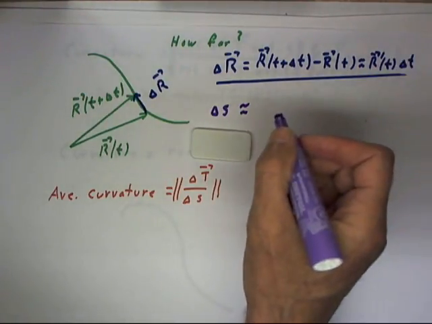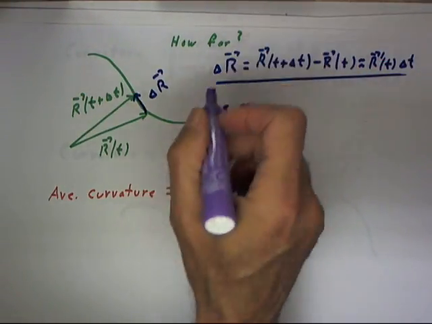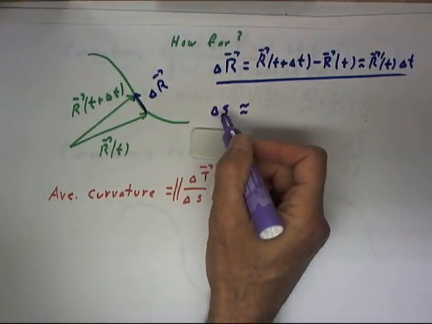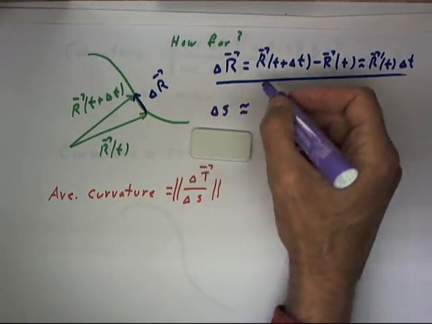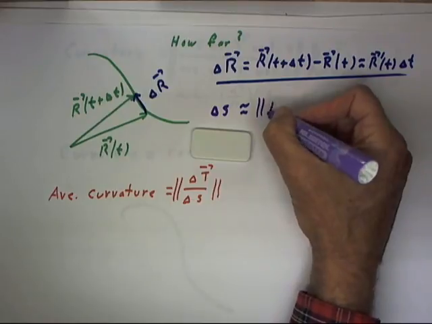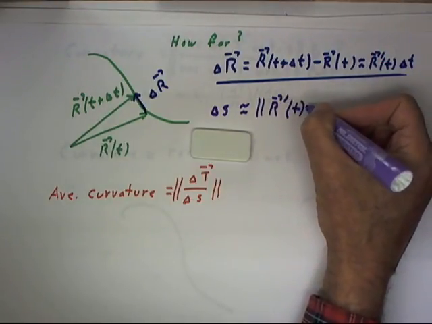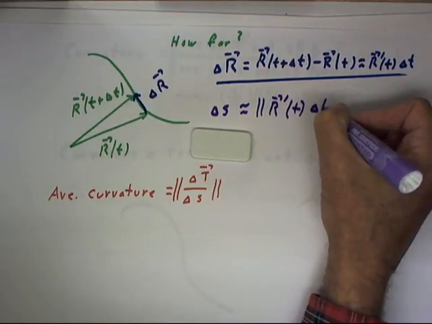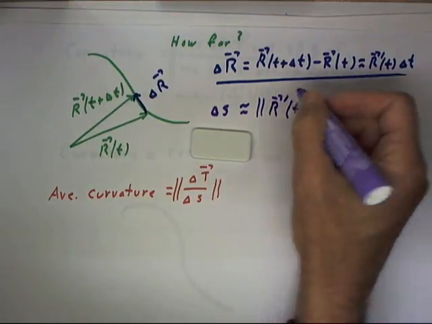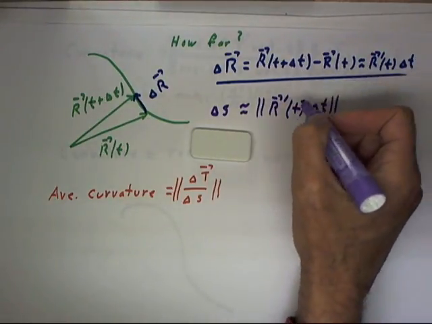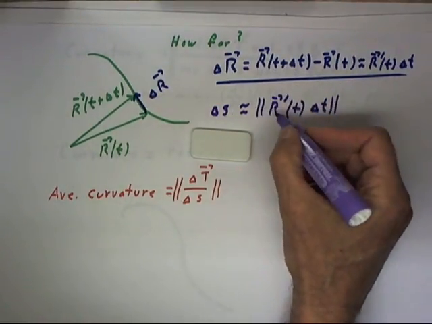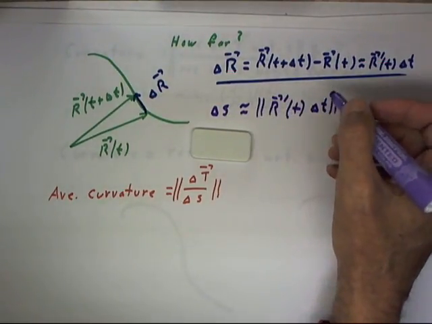To the magnitude of r prime. Delta s is a scalar quantity. It's just distance. It's how far we move, and that we know to be the magnitude of our delta r is our distance, and that's our r prime delta t.